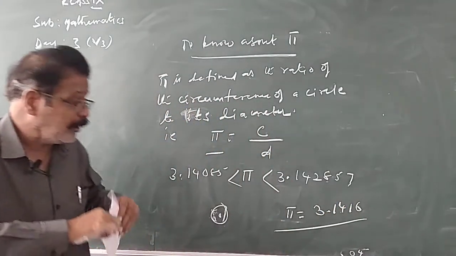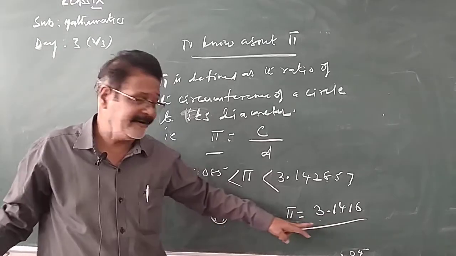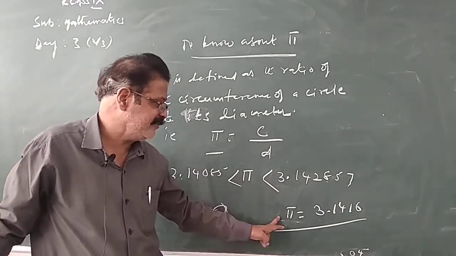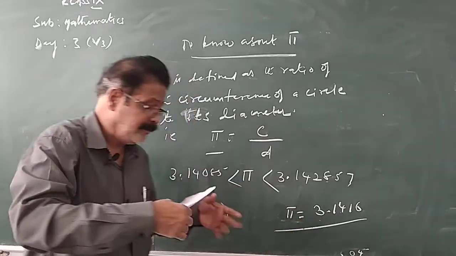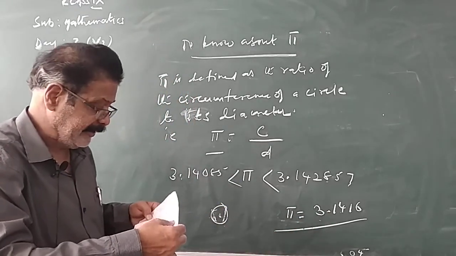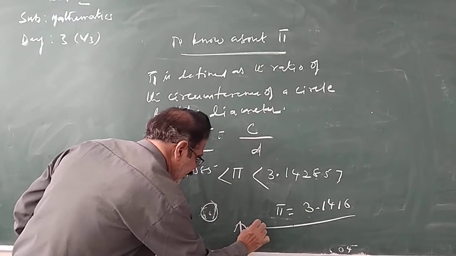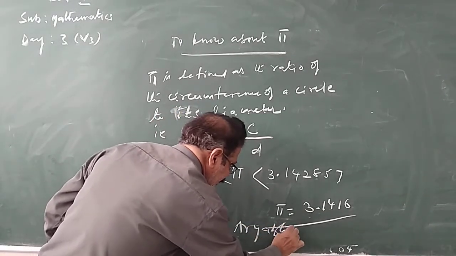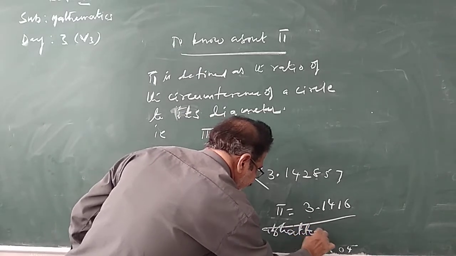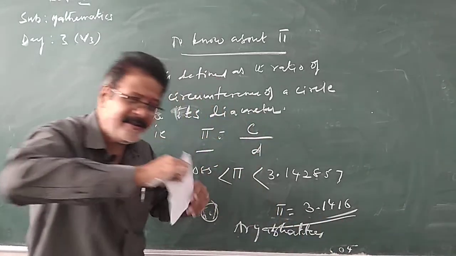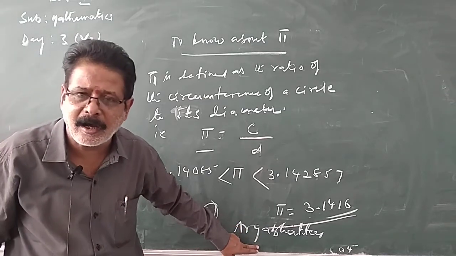Who corrected the pi value up to 4 decimals? That mathematician is the great mathematician and astronomer Aryabhatta.